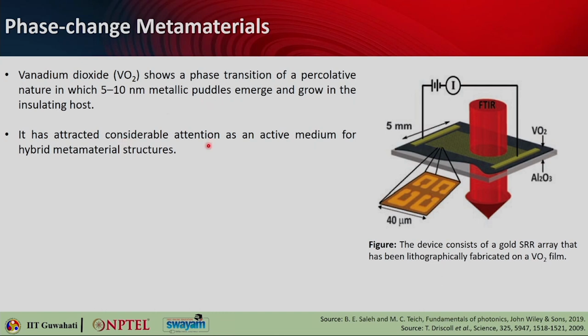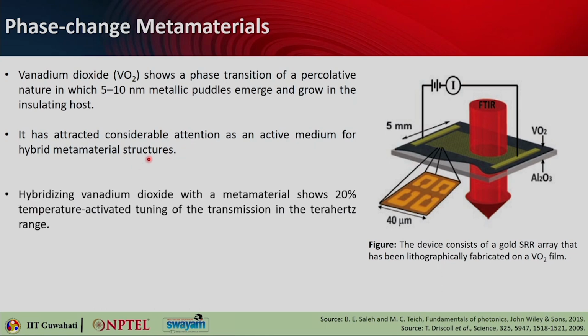It has attracted considerable attention as an active medium for hybrid metamaterial structures. Hybridizing vanadium dioxide with metamaterial shows around 20% temperature activated tuning in the transmission spectrum within the terahertz range.